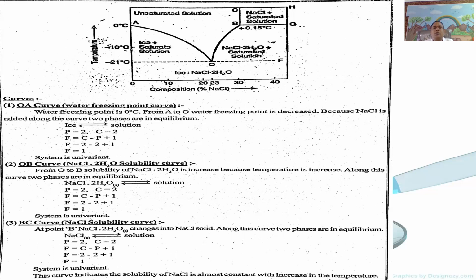But in the sodium chloride water system, at the eutectic point, the temperature is minus 21 degrees centigrade and the composition is 23% of sodium chloride. In the potassium iodide water system, the temperature is minus 23 degrees centigrade and the composition is 52% of potassium iodide.